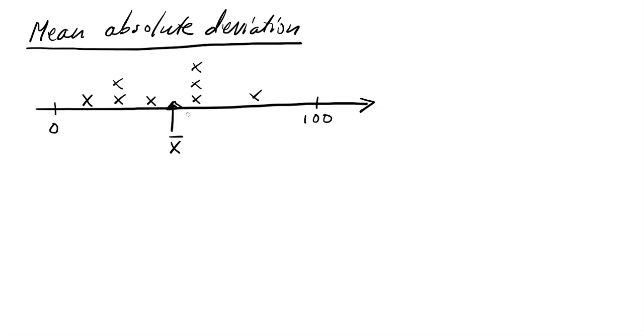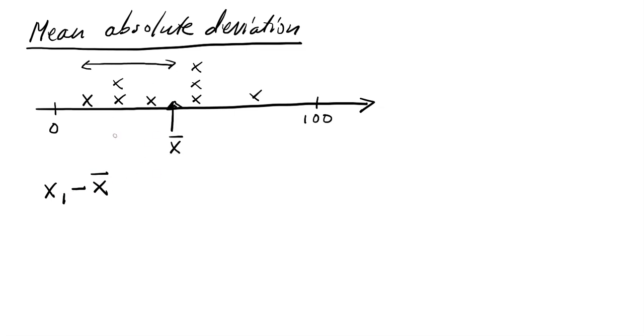And as a measure of spread in this case, if we look at each of the data, for example the first one, how far away from the average is it? If we call the first one x1, and we take minus the average, then we will get a number.